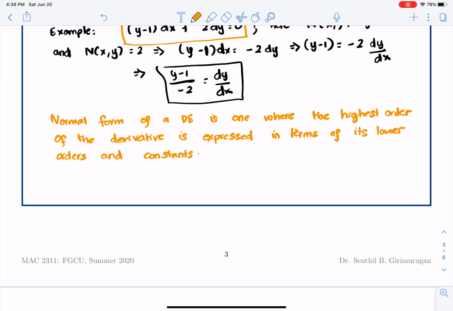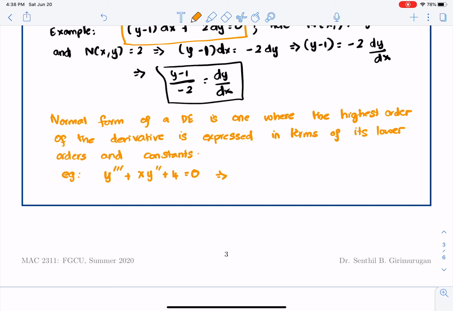So what do I mean by that? Suppose we have the differential equation y triple prime plus xy double prime plus 4 equals 0. That, by default, is in the normal form.